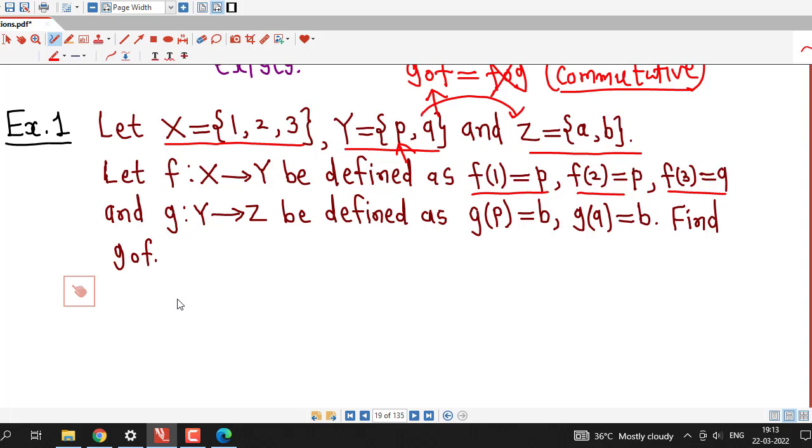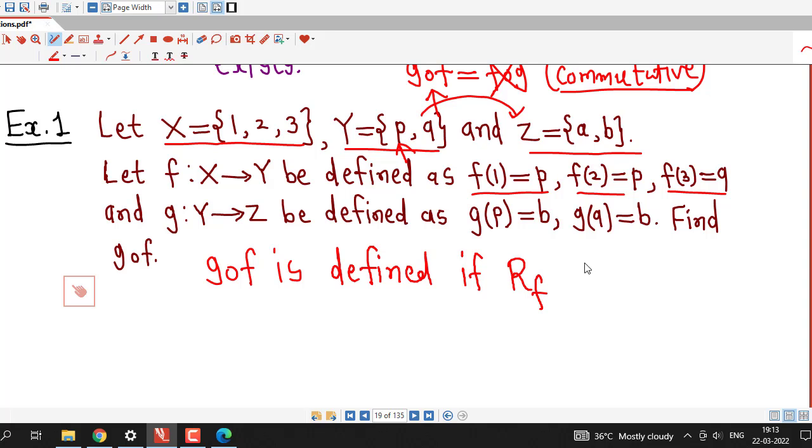So for that, first we decide whether g o f is defined or not. We mention that g o f is defined if range of f is a subset of domain of g. Now range of f means set of all images of elements of X under this function f. Here we can see images of 1, 2 and 3 are p and q.